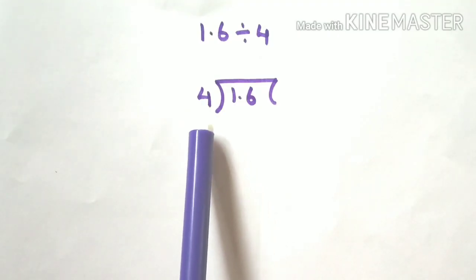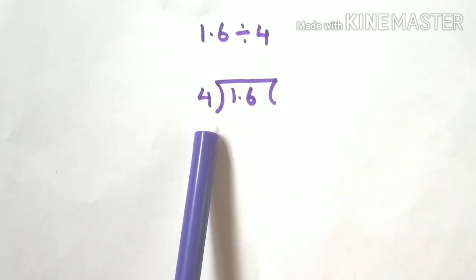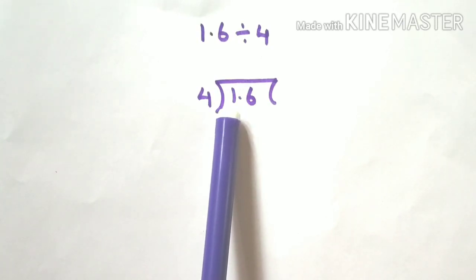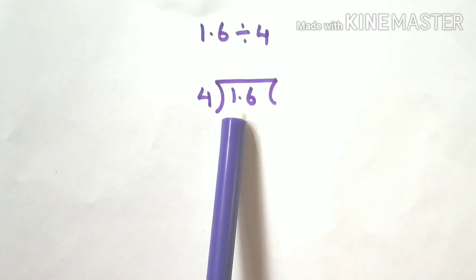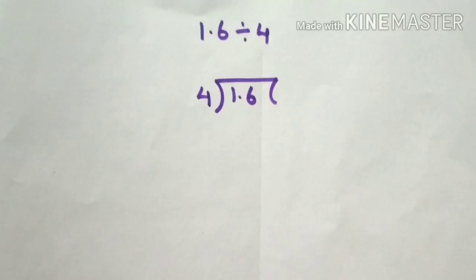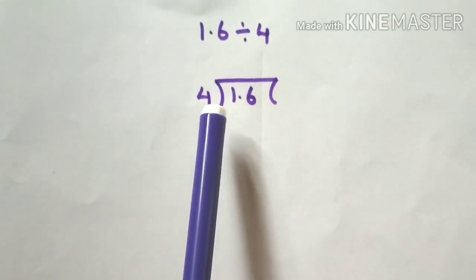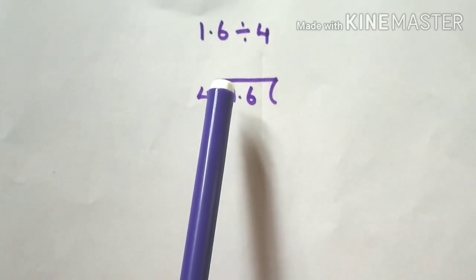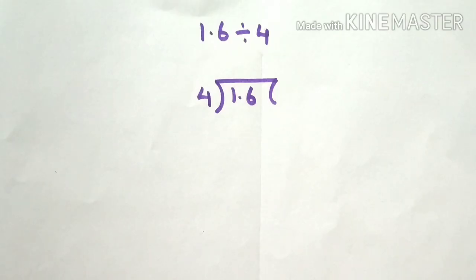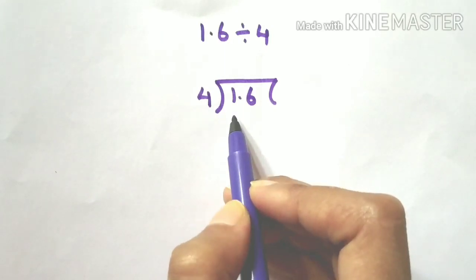Now students, since there is only one digit in the divisor, we will try to consider only one digit from the dividend. That is, we will try to divide only one digit from the dividend by the divisor. That means we will try to divide 1 by 4. 4 into which number is equal to or nearest to 1? 4 into 1 is 4, which is greater than 1.